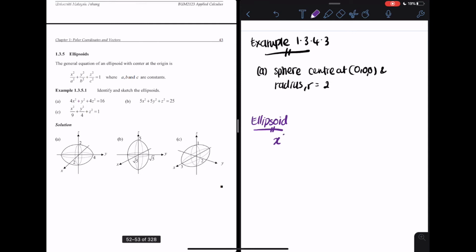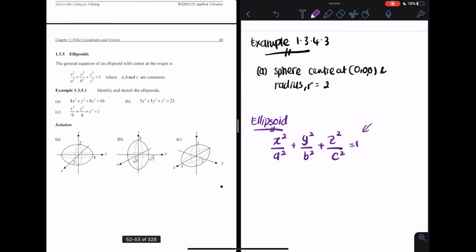This is the standard equation that represents an ellipsoid. If you understand the equation that I have been writing earlier, the difference is that for a sphere the radius is the same throughout the axes.